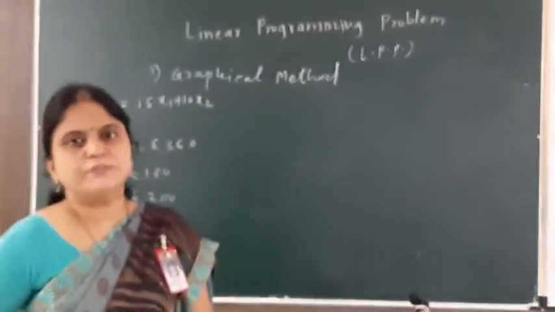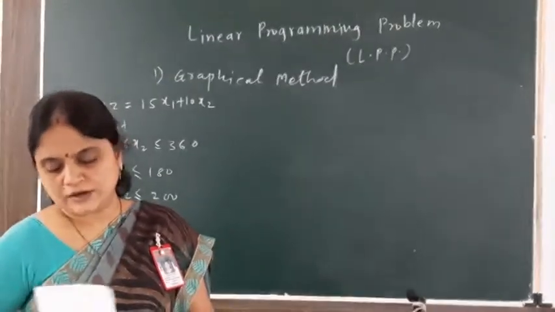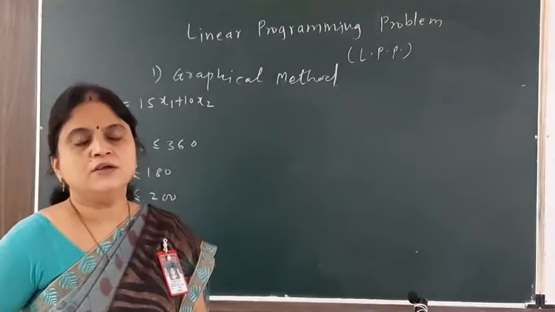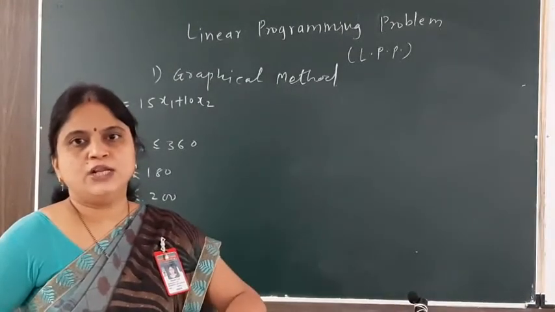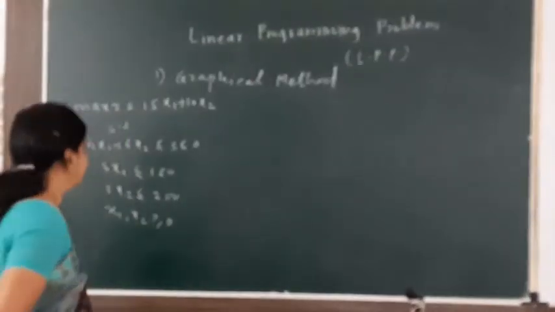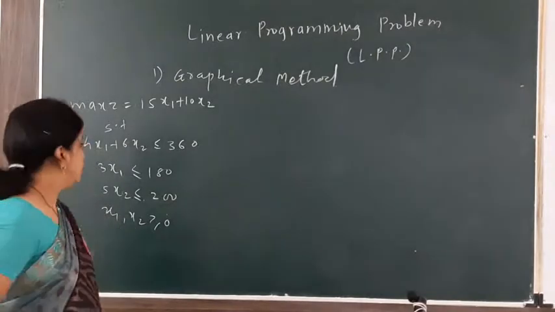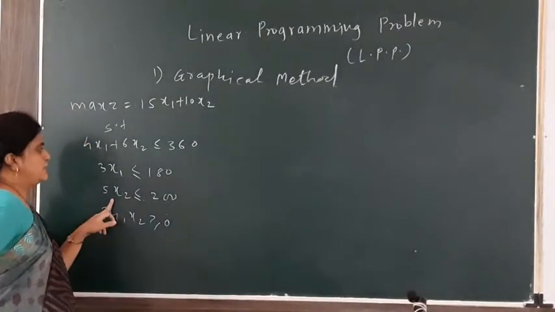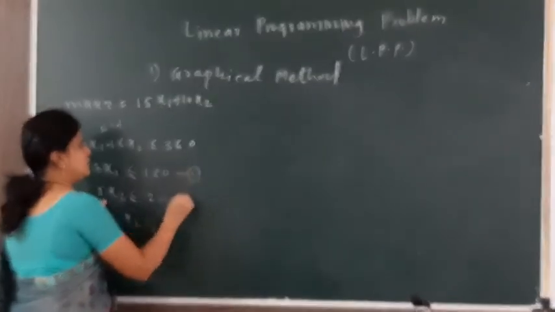Now the method begins. To draw the graph of this, we need to find the values of the x and y coordinates. How do I find the coordinates? This is my first equation, second equation and third equation.